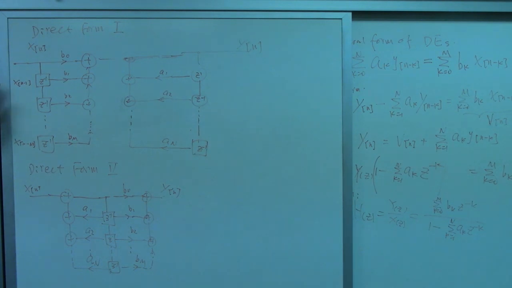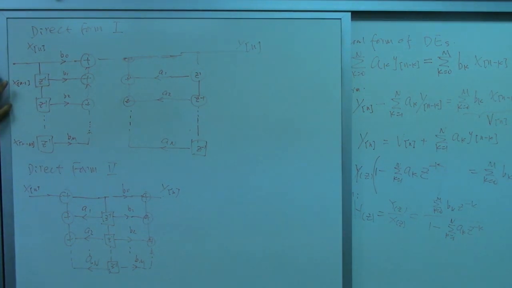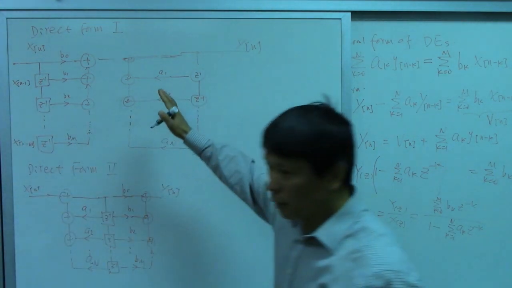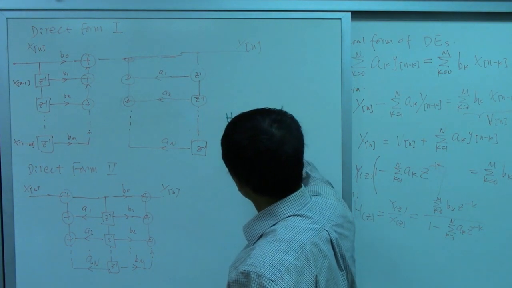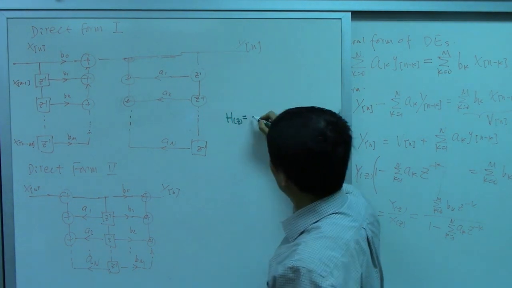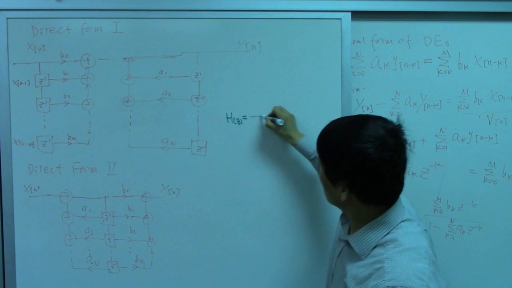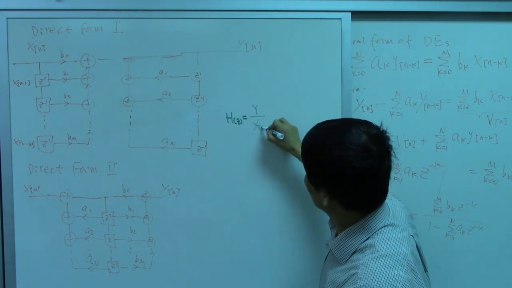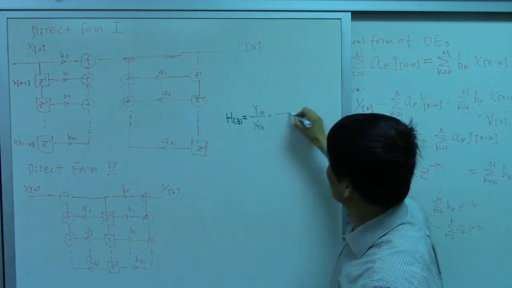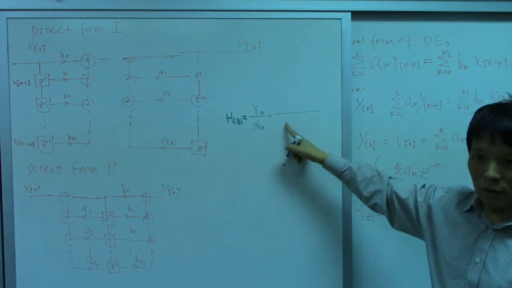What is the transfer function for this? What's the transfer function for this one? You already know the difference equation here. So the Hz will be equal to Yz over Xz. So with Y over X. Now we consider what's on the bottom.